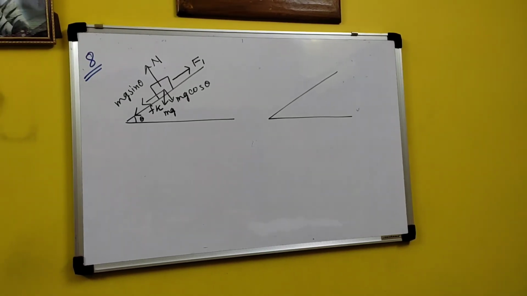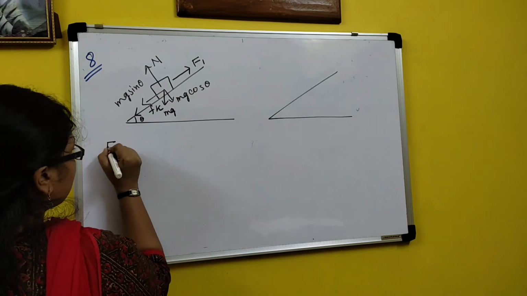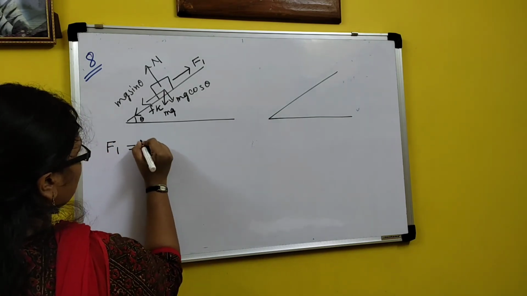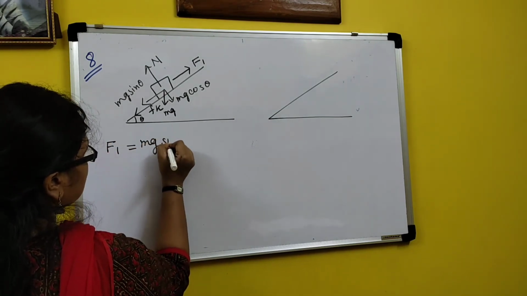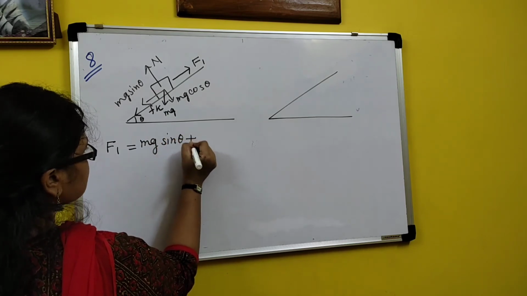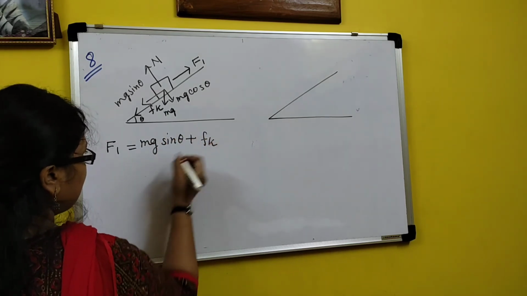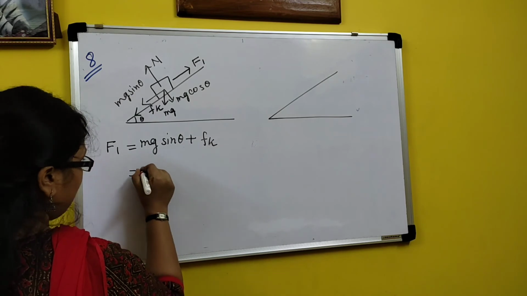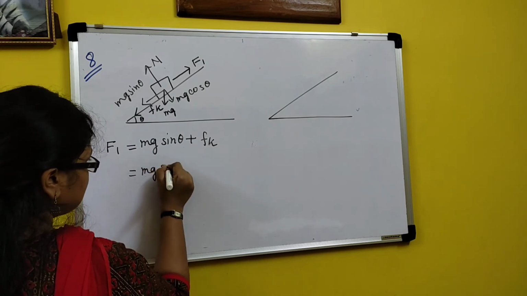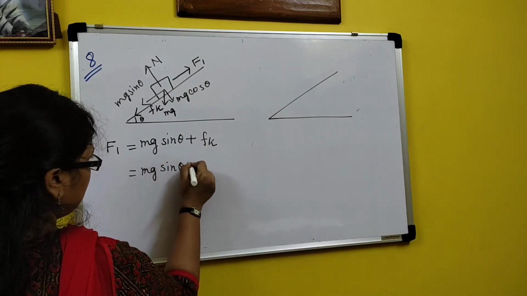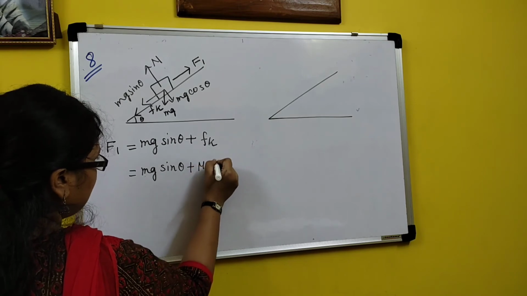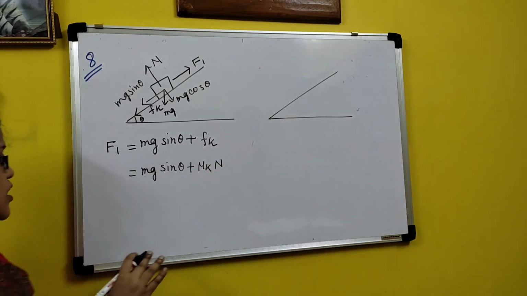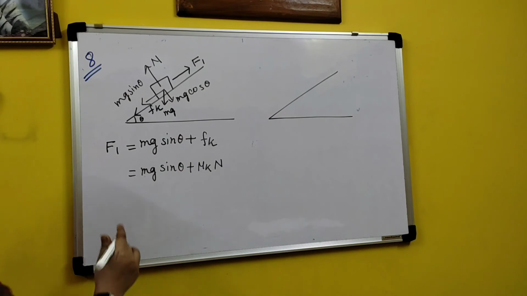So if the object is moving without acceleration, F1 should be equal to mg sin theta plus Fk. Again Fk equals what? Mu k N, and N is mg cos theta.